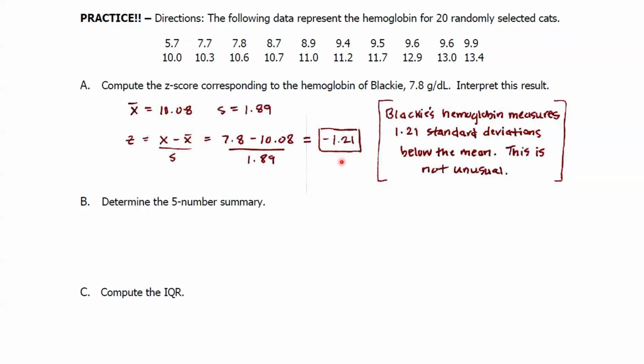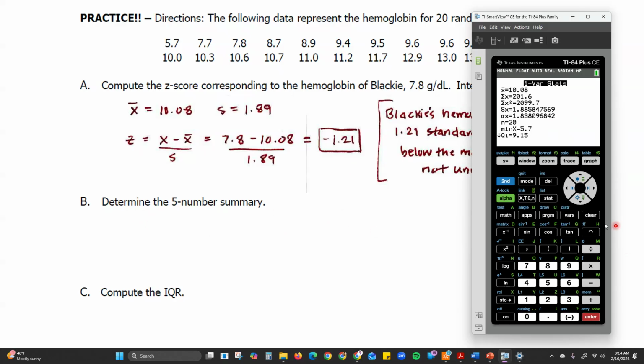Next I'm going to determine the 5-number summary. Pulling my calculator back up, if I scroll down from my 1-Var Stats screen, I have my 5-number summary right here: 5.7, 9.15, 9.95, 11.1, and 13.4.